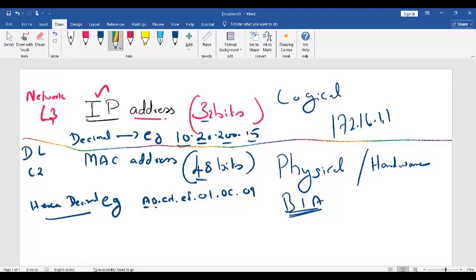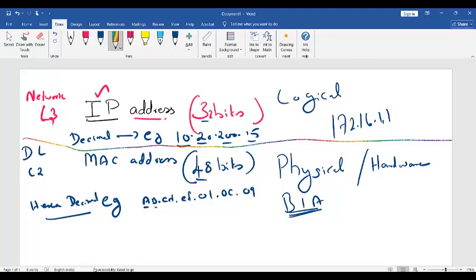So that MAC address will not be active. Every media in your laptop will have a unique MAC address. And that MAC address is only on your device, no other device on the earth. It's unique.